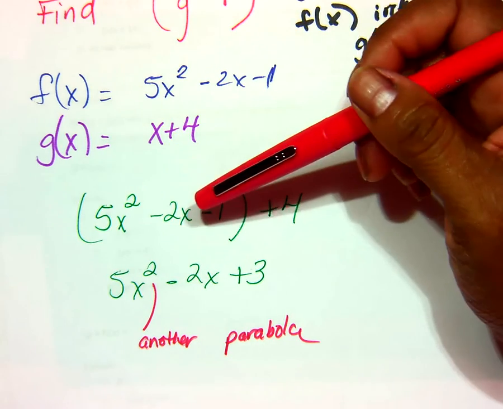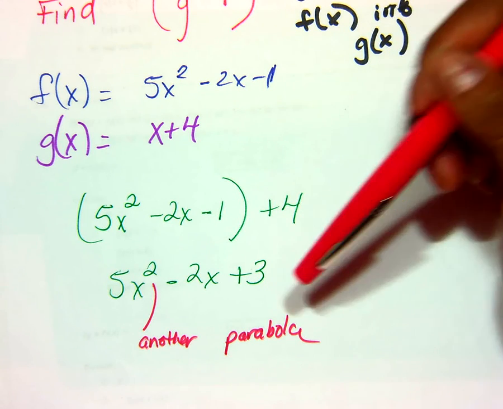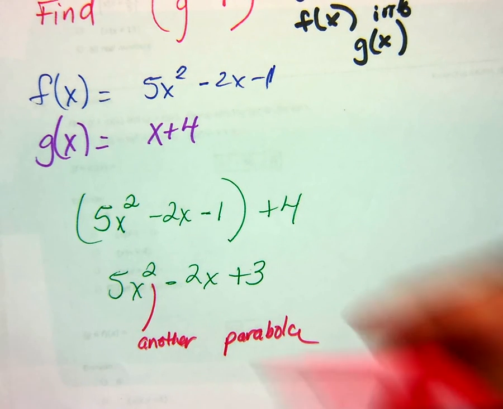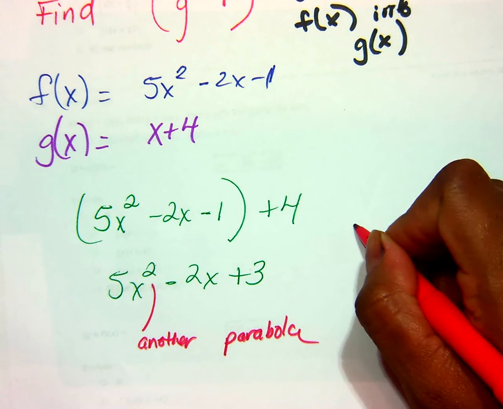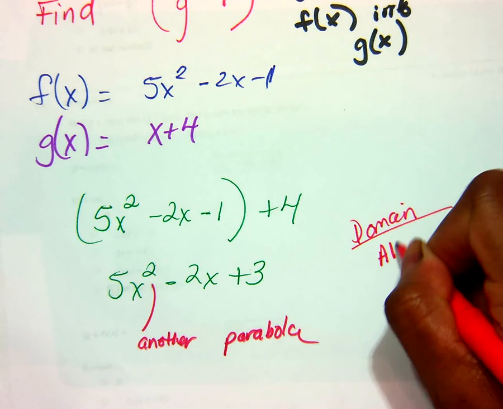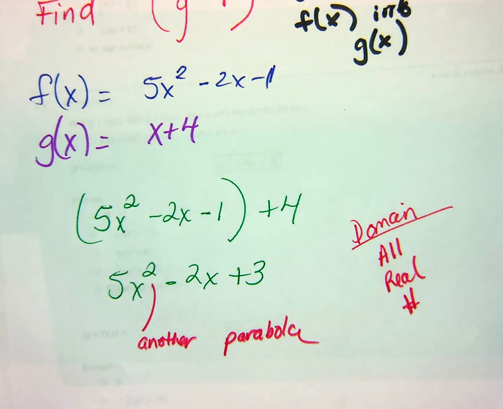Then I simplified it because negative 1 plus 4 gives you positive 3. And once again, it gives you another parabola. And I knew it was a parabola because I see this squared. So that means your domain is going to be what? All real numbers. Woohoo!